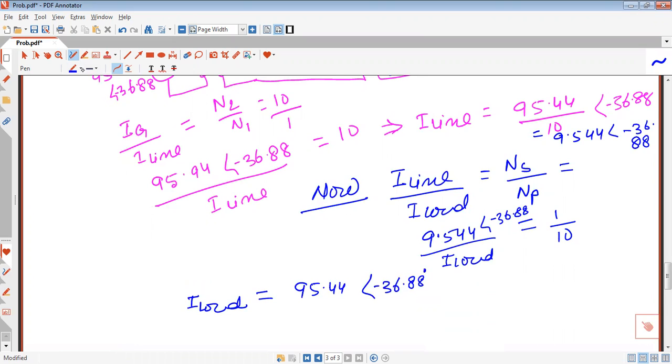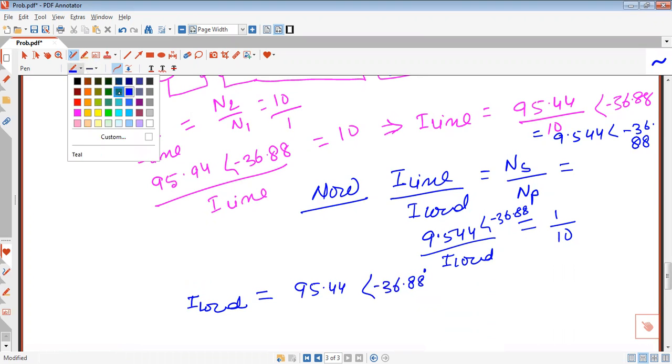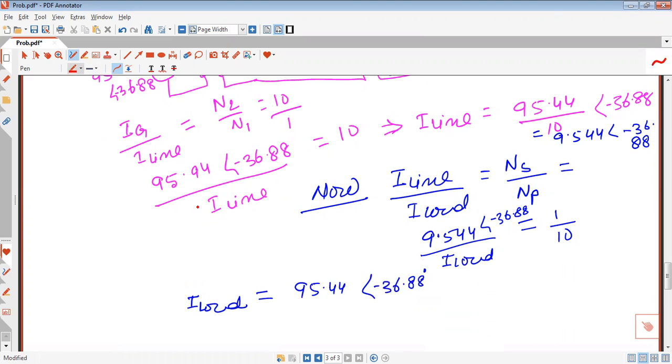Here we can also see one very interesting thing, that the power factor angle at every point is the same. This angle for generator, transmission line, and load, the power factor angle is the same at every place. So now we have to find out the voltage at the load.